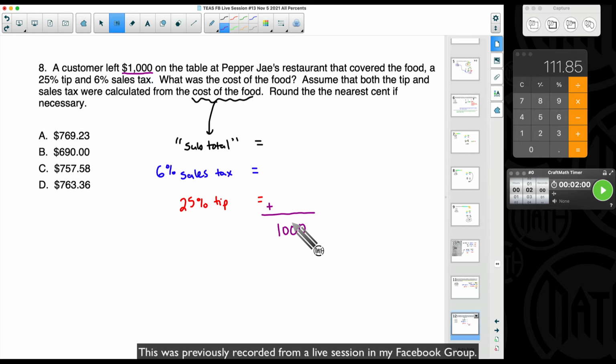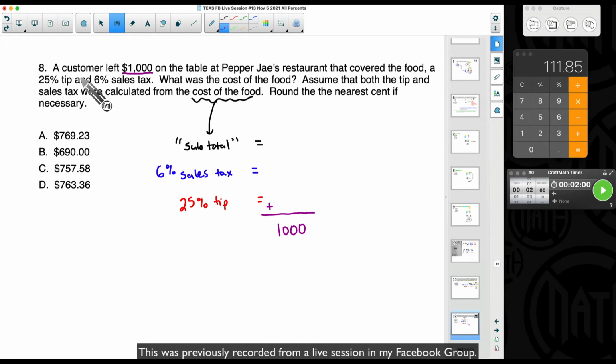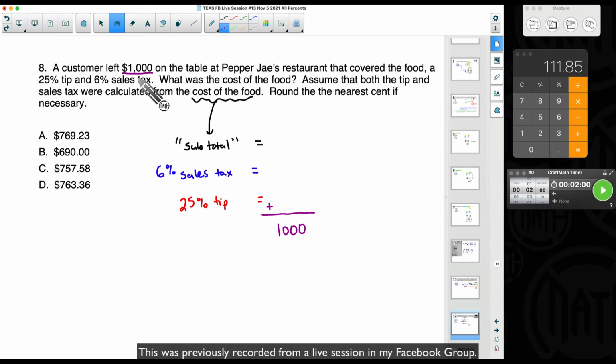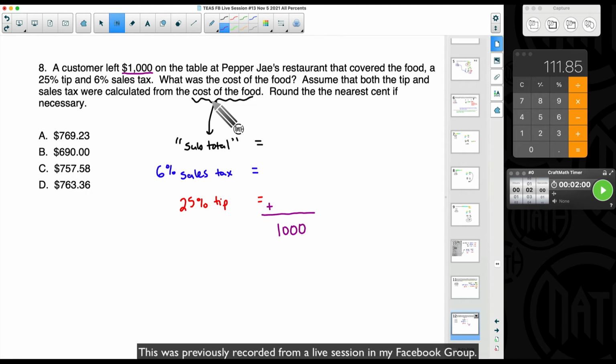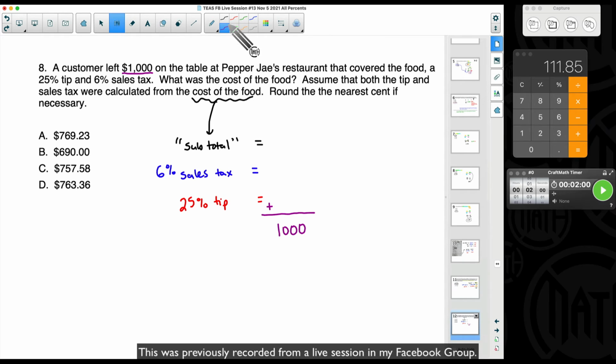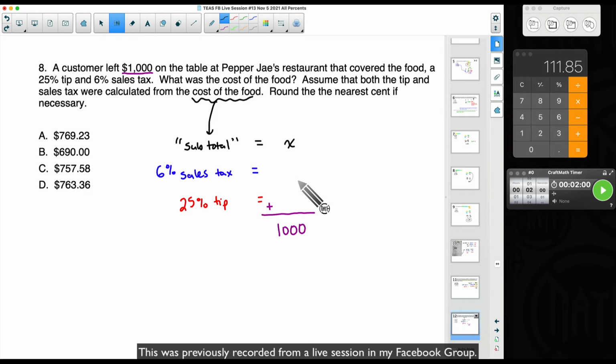This $1,000 is not the price of the food. And if you're multiplying 25% times 1,000 and 6% times 1,000, that is not correct. You can only multiply these tips and these sales taxes by the cost of the food. That's the thing we don't know. So we don't know the cost of the food. I'm going to call that X.